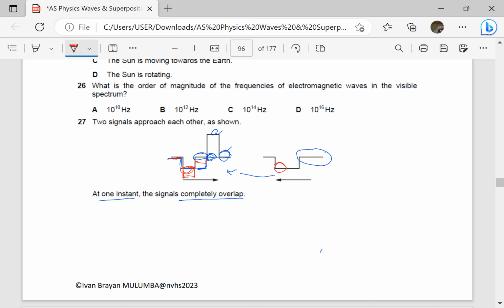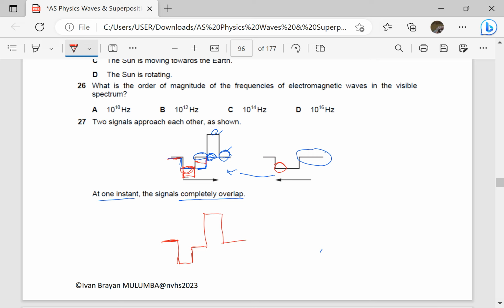In other words, we're now going to have a resultant wave which is having that part. It goes slightly deeper. Then it comes slightly, not very close to the original part here. So it will be like this. Then it goes up and it should take that shape.